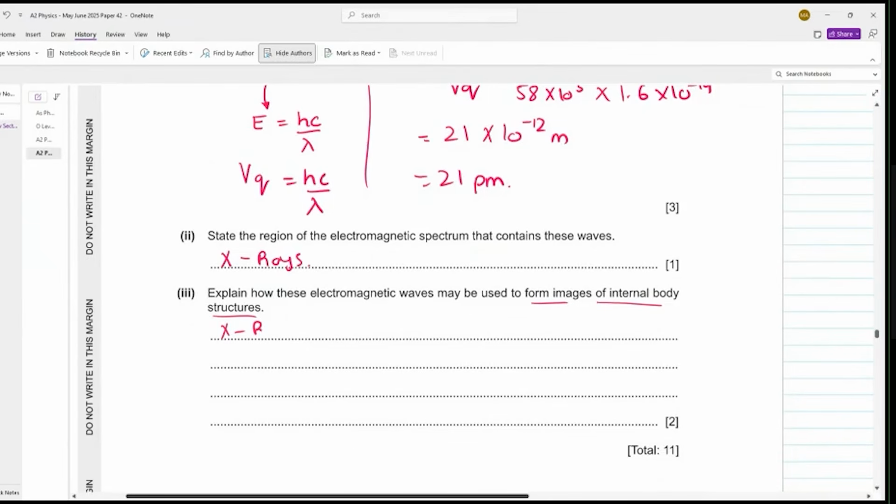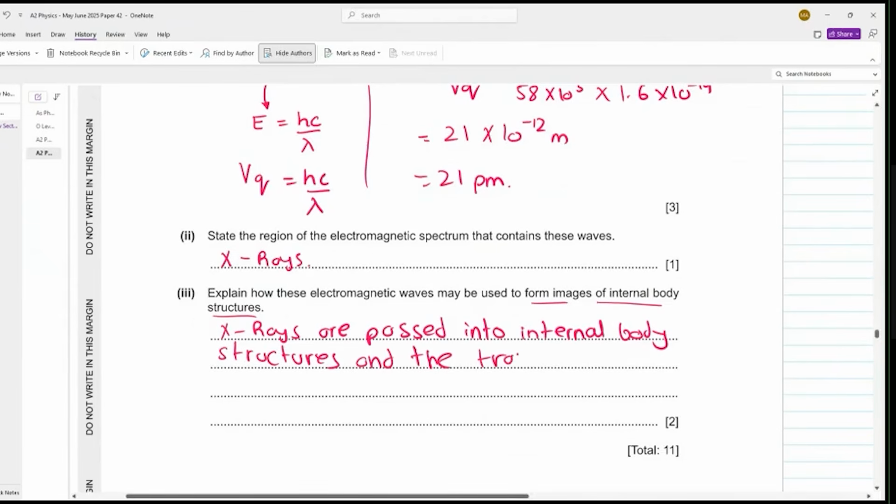X-rays are passed into the internal body structures, and the transmitted waves, or the transmitted X-rays, are detected.